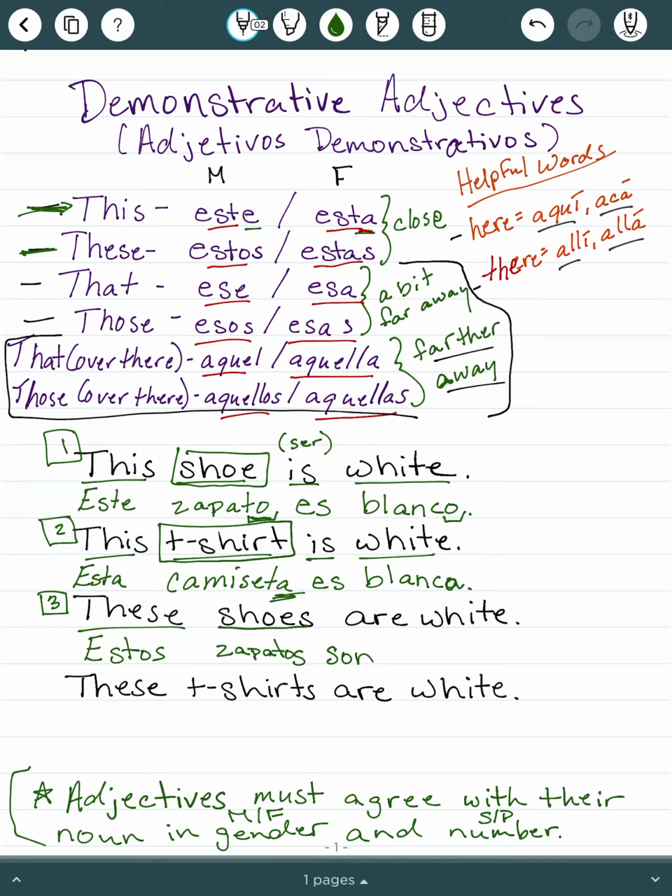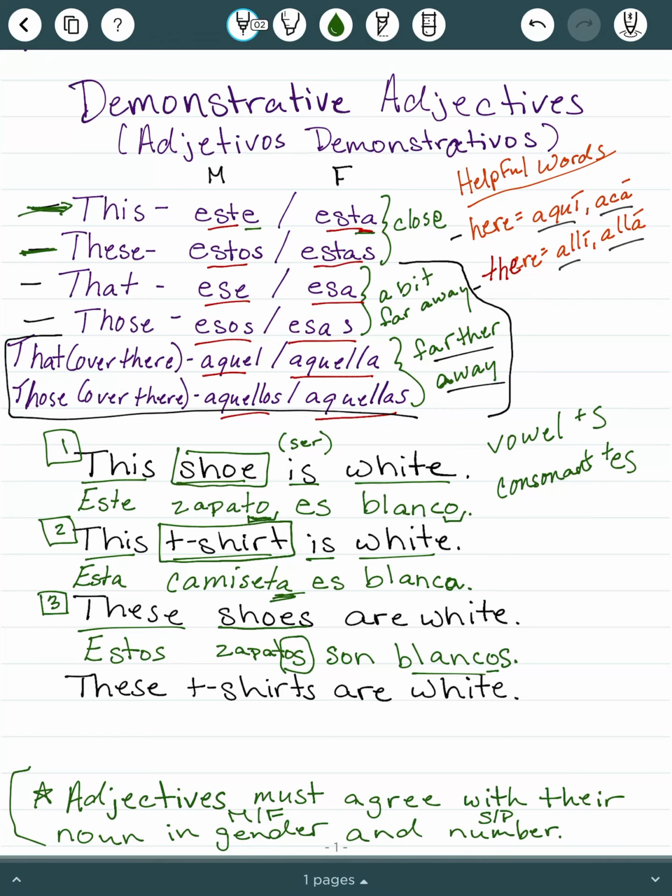They are, son. And then our word for white, blanco. Again, though, blanco is an adjective, zapatos is masculine and plural. Blanco is masculine, but we've got to make it plural. So remember, if it ends in a vowel, we're going to add s. If it ends in a consonant, we are going to add es.